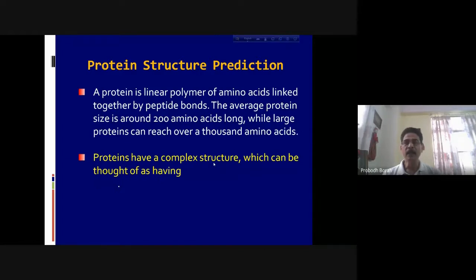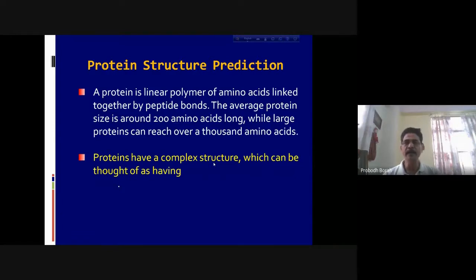It can be acidic or basic, or it can be a sulfur-containing amino acid. It can be variable in terms of their physical and chemical property. So this property is also reflected in the final protein structure, and the final protein physicochemical property is based on the types and composition of the amino acids which constitute a particular protein.